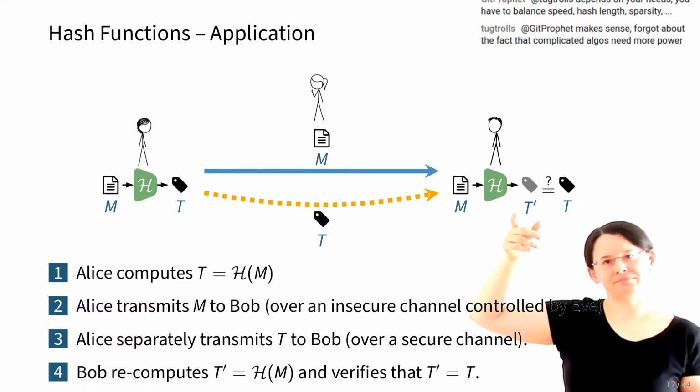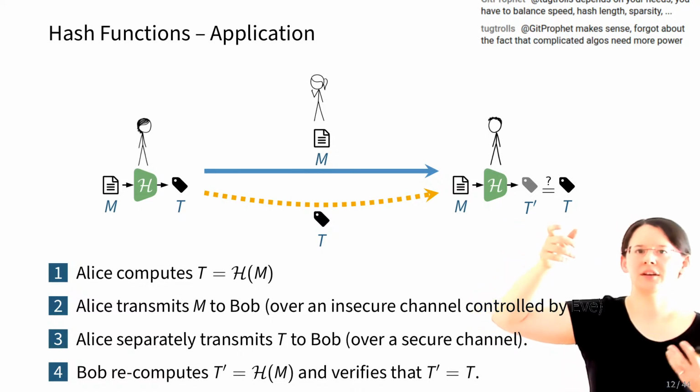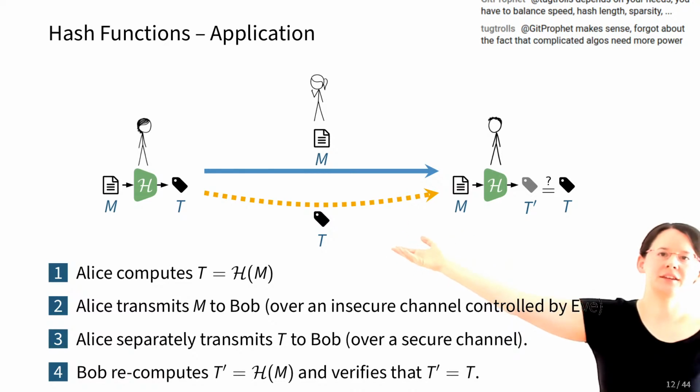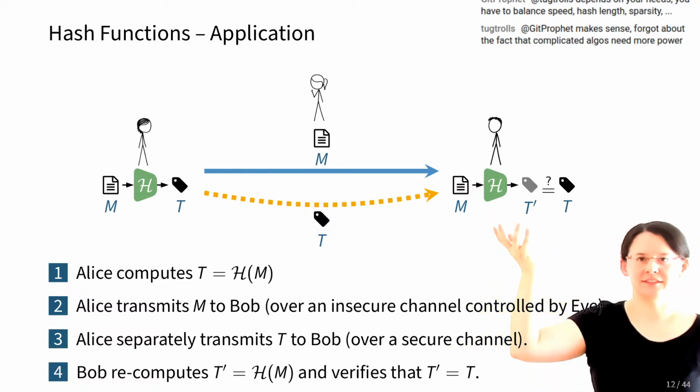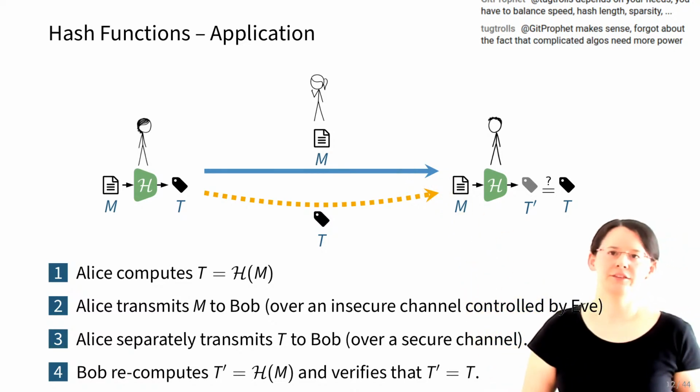So Bob needs to compare whether the recomputed hash matches the transmitted hash. If yes, then they trust that the data was not modified in this context and is actually from Alice, or from whoever sent him this tag. And if it does not match, then something must have gone wrong. Typically, the file was modified in transit by Eve.